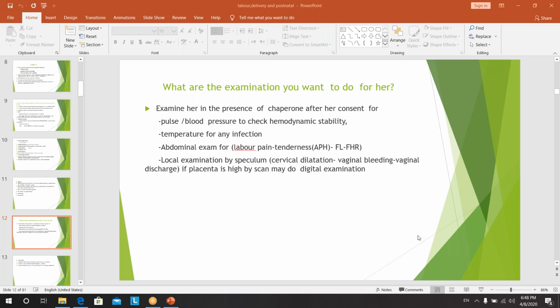Yes. Any patient in preterm labor, whether you know her GBS status or you don't know, whether she is GBS positive or she wasn't screened for GBS, you have to give her antibiotic against group B strep. Okay. Thank you, sir. Okay, welcome.